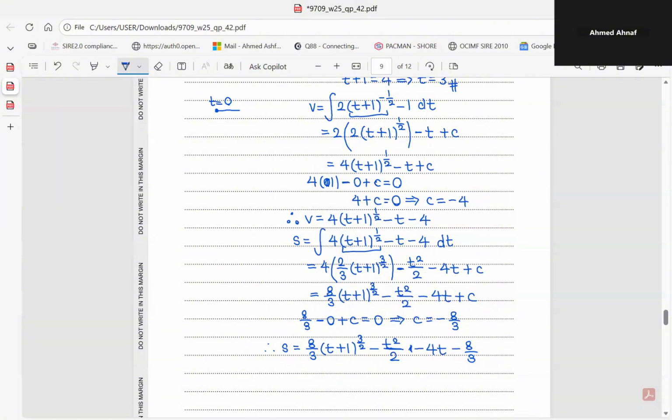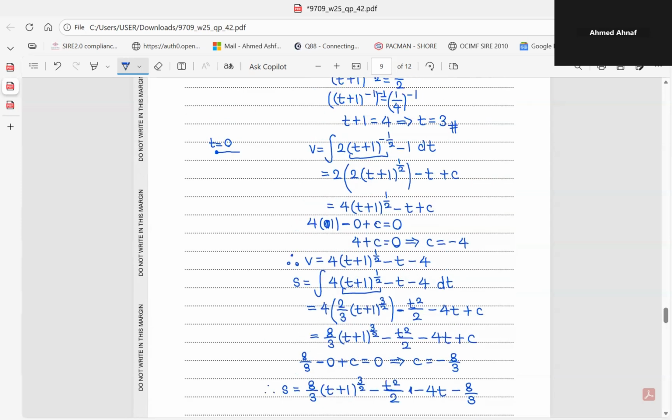Just substitute the whole expression into your calculator, minus 8 over 3, you get 0.38. So this is t equals 1. For t equals 2, you would get 1.19. So this is t equals 2, and finally t equals 3.